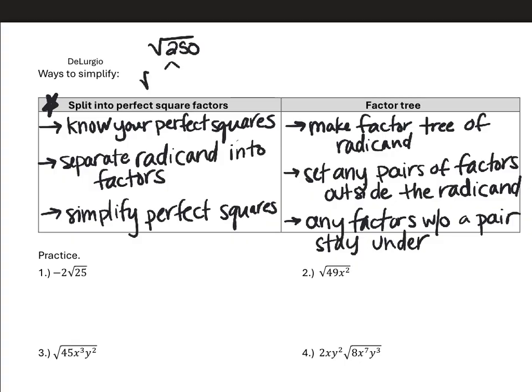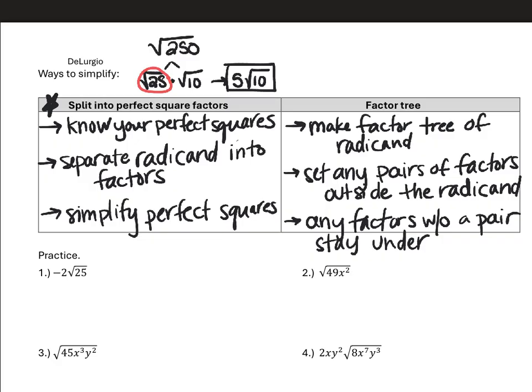So we're going to rewrite this as square root of 25 times the square root of 10, right? One of these simplifies because it is a perfect square. What is the square root of 25? 5. Remember, this is multiplication. So we're going to simplify this as 5 times the square root of 10. We have done this before. Okay, so that's it. I can't simplify 10 because it doesn't have any perfect square factors.